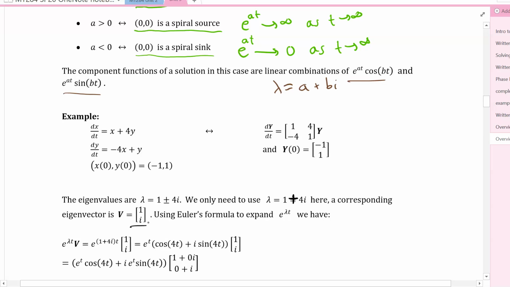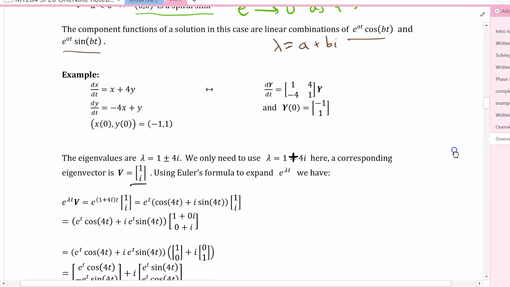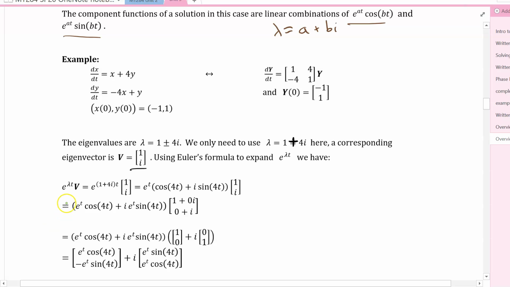One thing that is consistent, though, is that we are going to write down e to the lambda t times v. Now what I've done here is I've got some of the steps written out. We're going to expand it out. We get v, which is (1, i), times e to the lambda t, well, lambda is 1 plus 4i, so in the next step I've combined a couple things together, distributing the t through there. Let's write a little bit of that work off on the side.